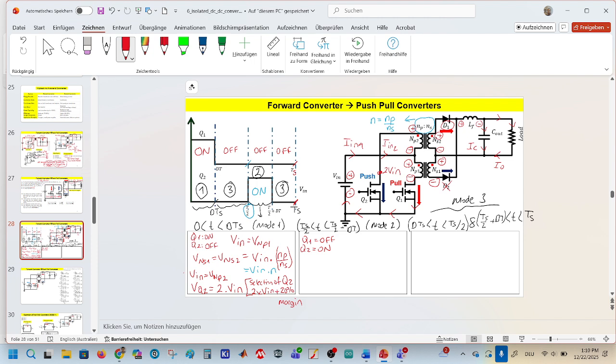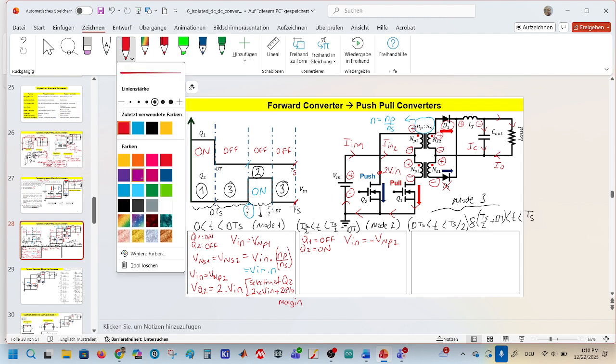And again, the input voltage would be equal to the minus value of this primary winding, because if we switch off Q1, unfortunately, let's use this guy here.